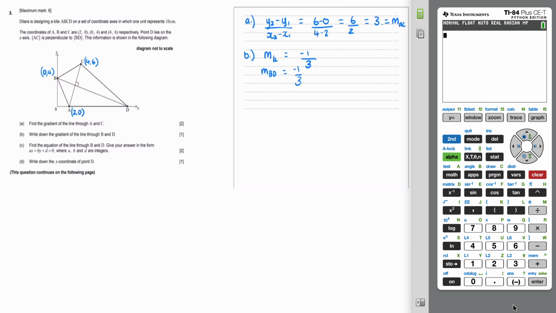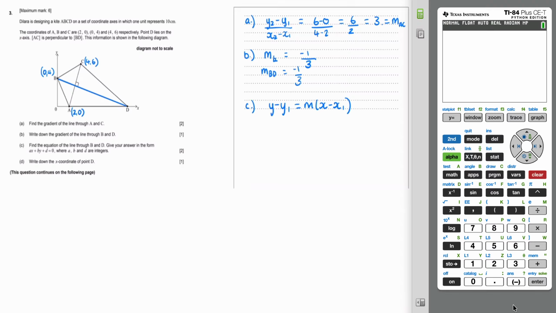And then for part C, it asks us to find the equation of the line from B to D, the line that cuts through the middle of our kite. For the equation of the line, we can use the point slope formula. We need to know one of the coordinate points, which we have, B, so that's 0, 4.